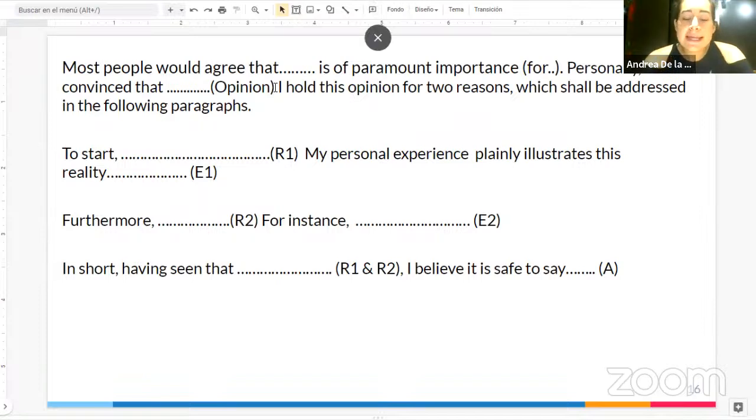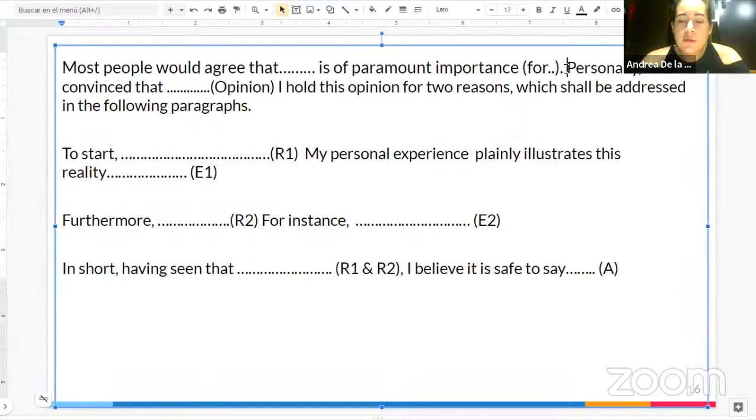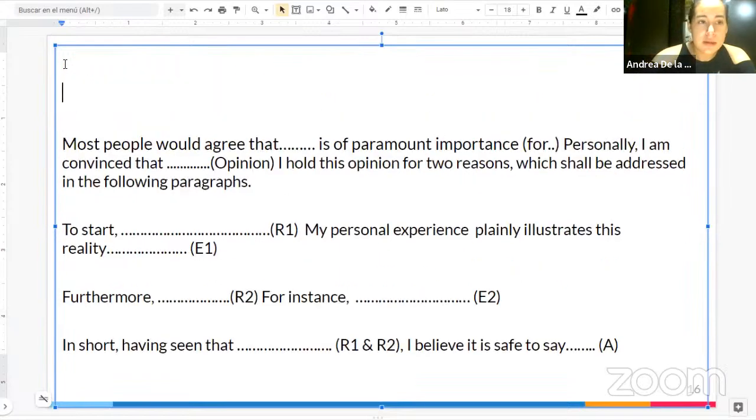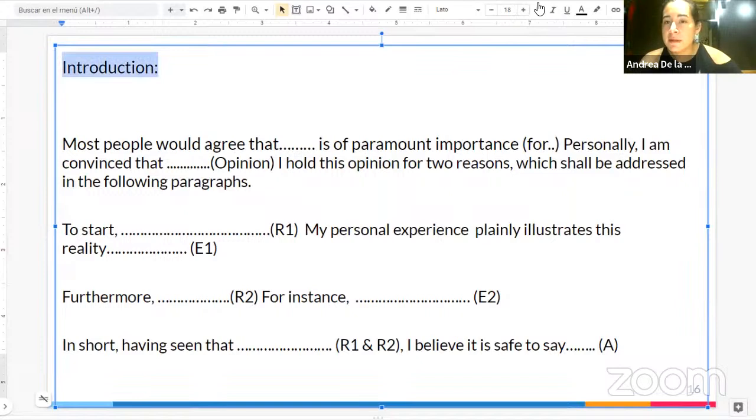All right. Let's start with the introduction. What you're going to do here in the introduction is have 3 sentences. In your introduction, and by the way, this is a template, right? Remember what a template is?